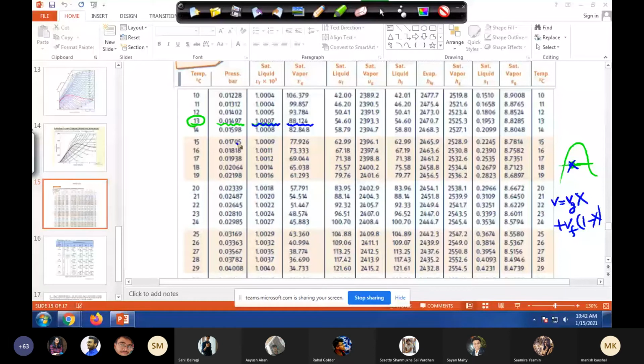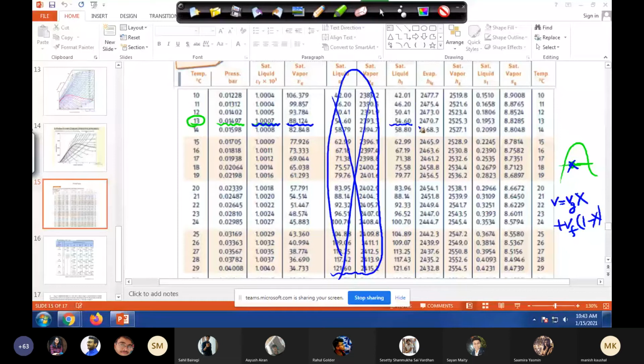This U thing I never follow. I don't use it. I only use V, H, and S. Now let's talk about the specific enthalpy. This is the enthalpy of saturated liquid, and this is the saturated vapor enthalpy here.